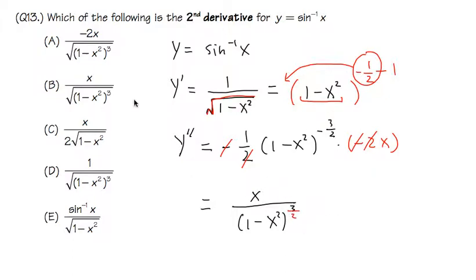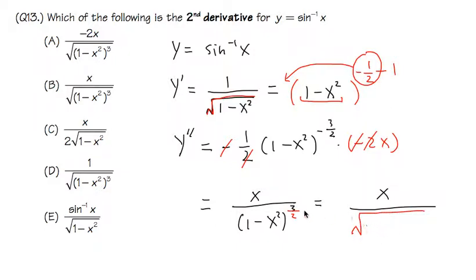And then be really careful on how to rewrite this. The top is just x, no problem, over the 3/2 power. The half right here will turn out to be a square root.